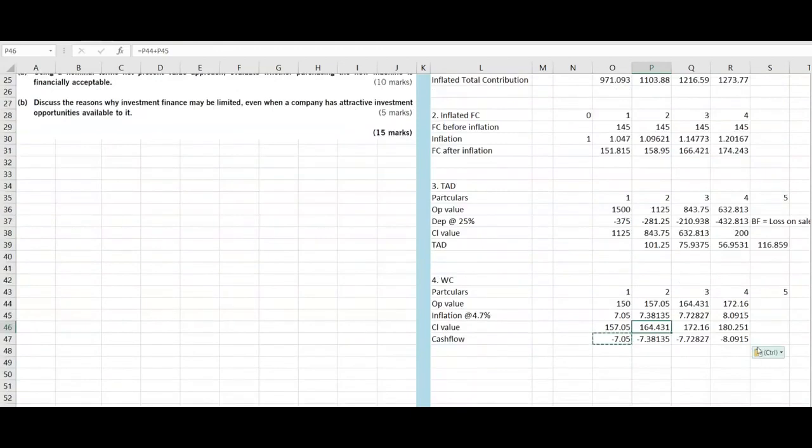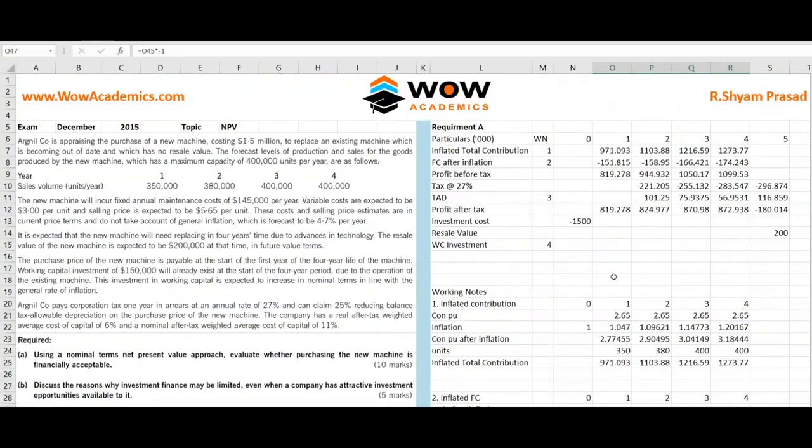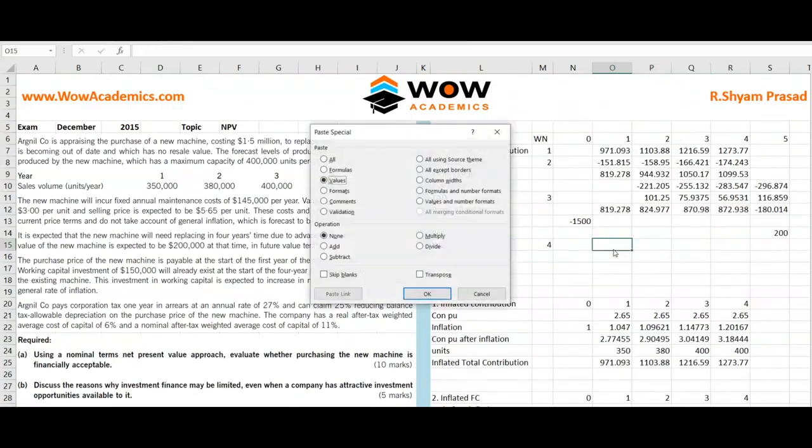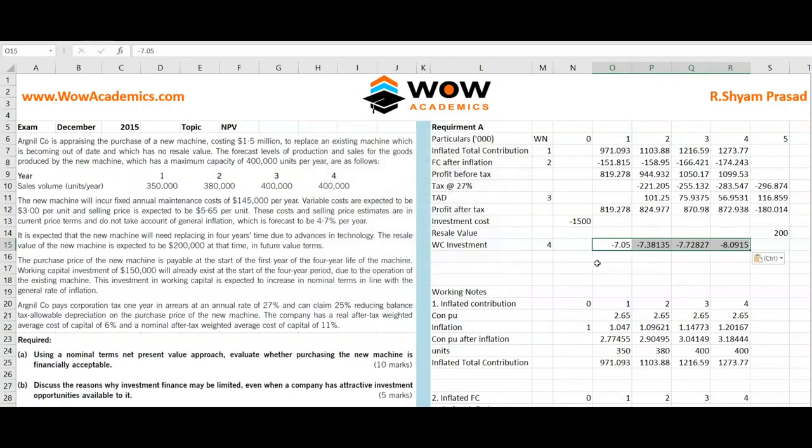So this working capital will not be released. There's only going to be investment in this working capital. So we can take these 1, 2, 3, 4 numbers and put them here. So we have got these numbers. That's it. We can now find out the cash flow.